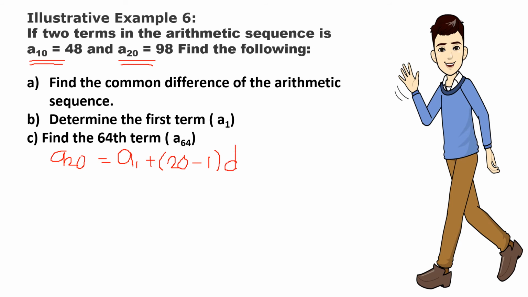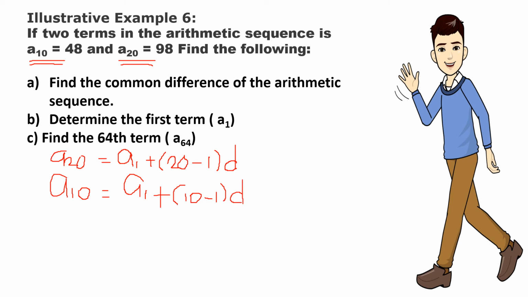Kaya D ang isasulat natin. Then sa A sub 10, meron tayong A sub 10 equals, ito based lang din sa ating formula, plus 10 minus 1 equals D. So dito, isosolve natin yung difference.